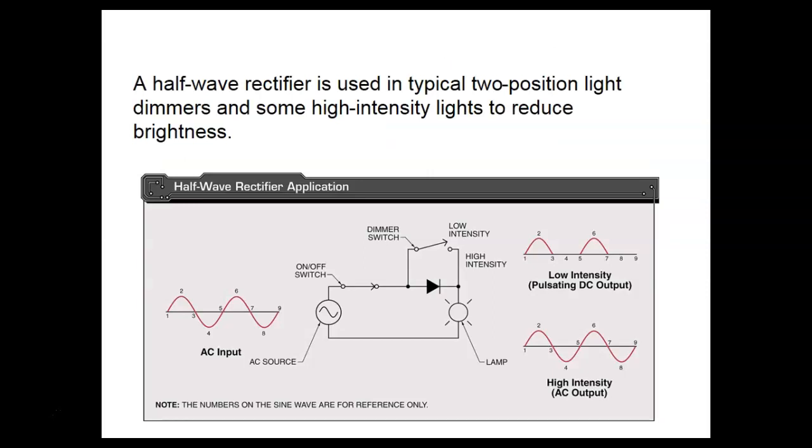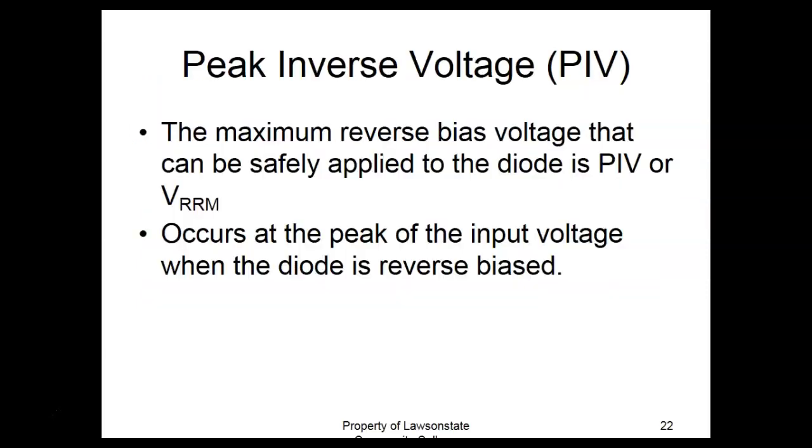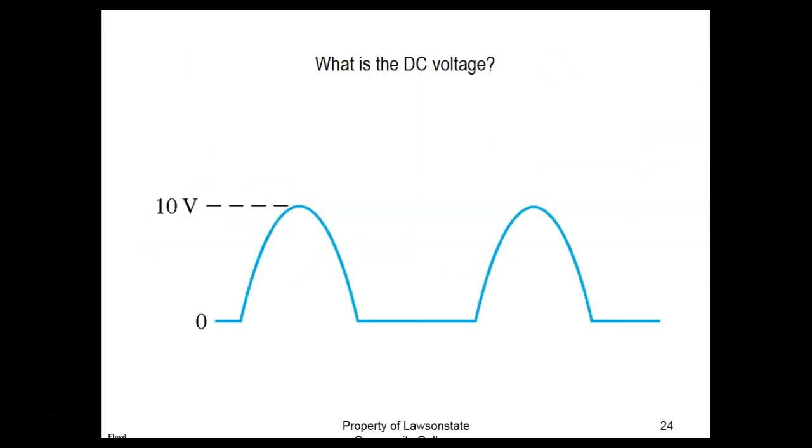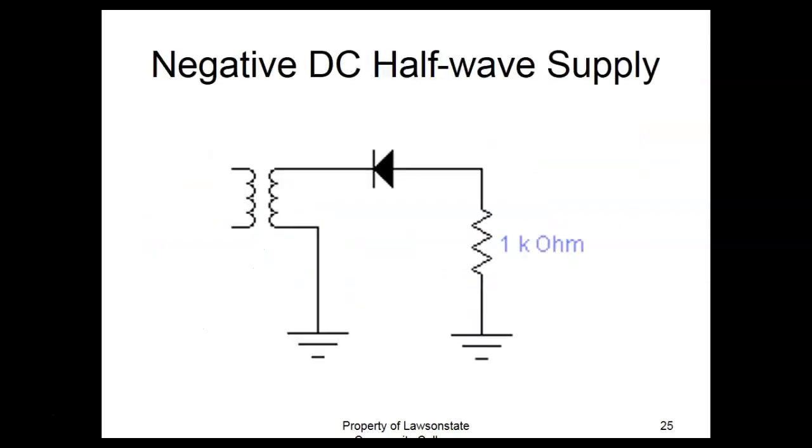Let's see. So we got past here. We looked at PIV, which most data sheets call the peak reverse maximum. So PIV is what they teach in books, but if you're looking for PIV in a data sheet, odds are you're not going to find that. And we solved for this.